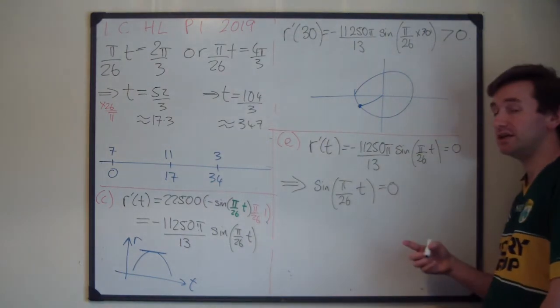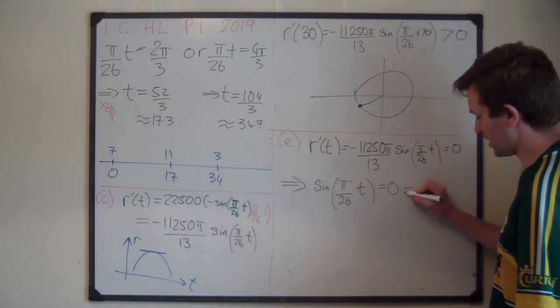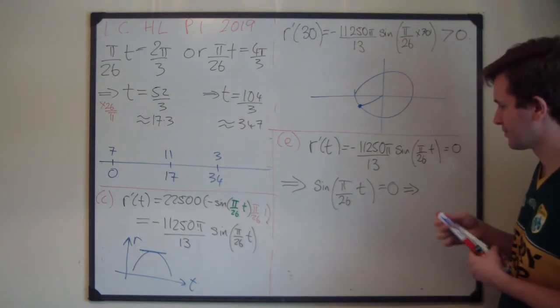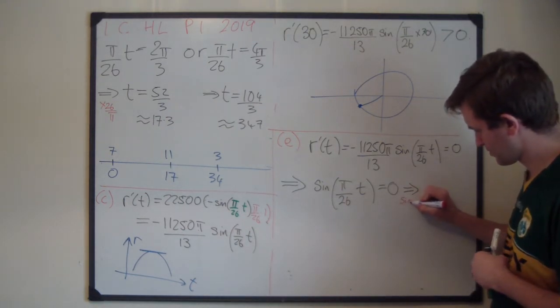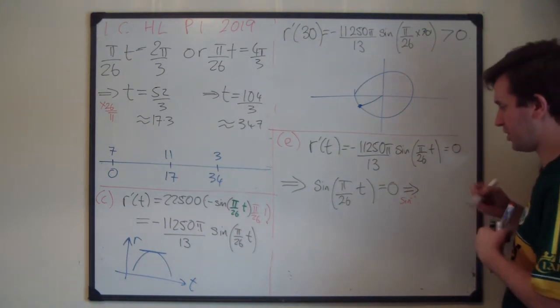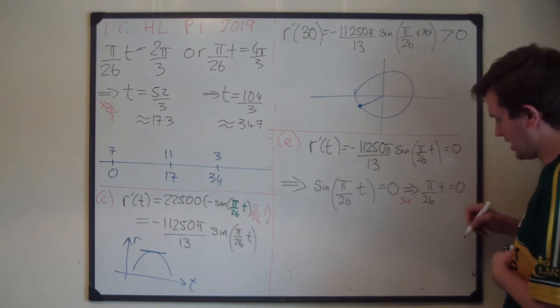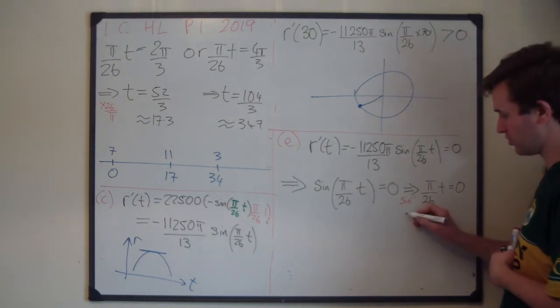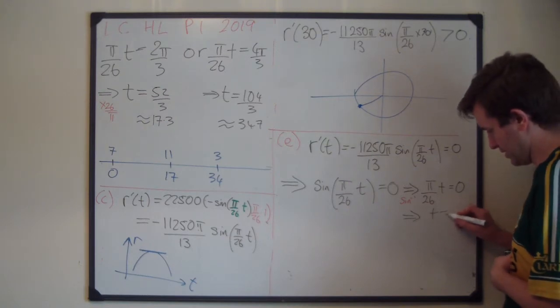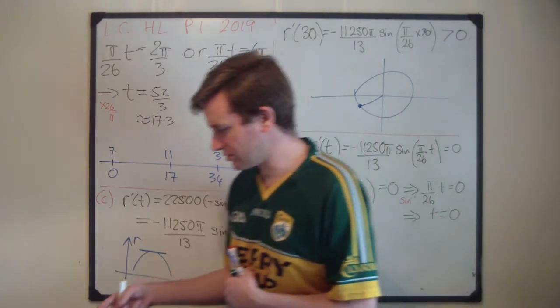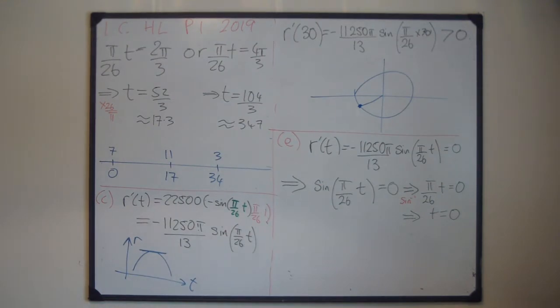And then just kind of naively doing inverse sine to both sides, you get pi over 26 t is equal to 0, and then two numbers multiplied together giving you 0. You must have t equal to 0. Now what I'm going to do is look at the second derivative, and we're going to see that this is actually a maximum, which is a little bit dodgy, but we won't worry about that.